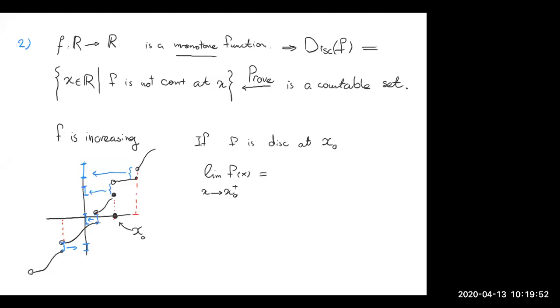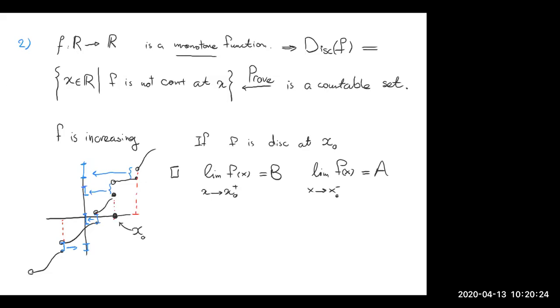Okay, show this number with a. Maybe it's better to use b as notation. We can show it with b. We can look at the limit of f of x when x goes to x naught from below, we can show it with a. It's quite simple. I would leave this as an exercise to you to show that when f is monotone, these limits really exist. They are the right limit and left limit.